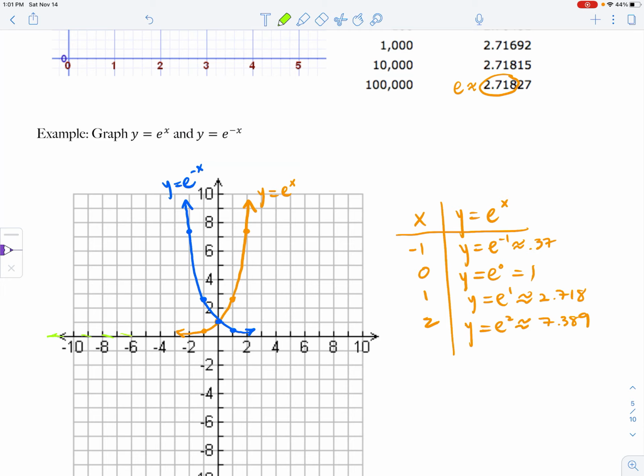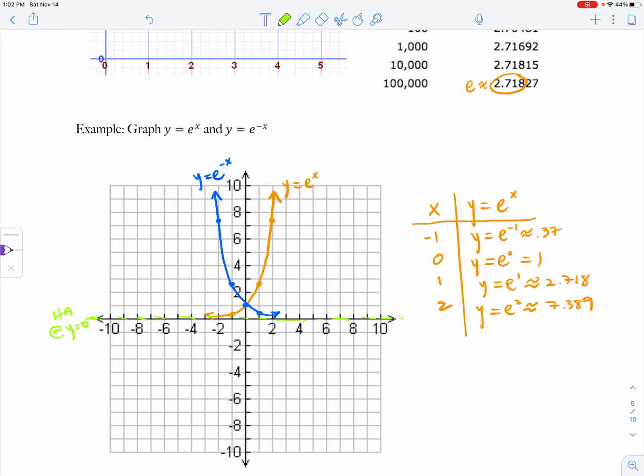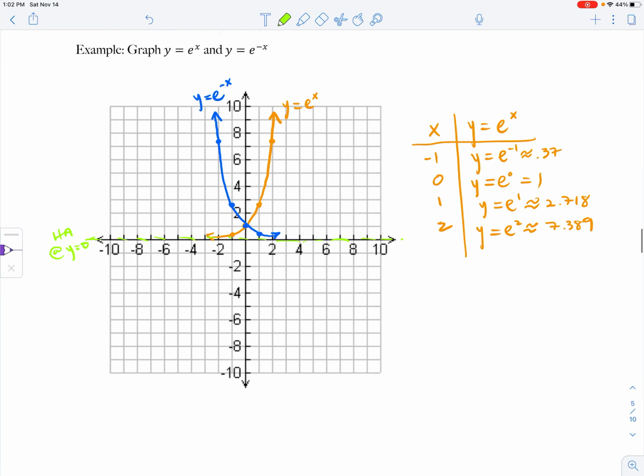And there is no vertical shift, so both of these graphs, again, think end behavior, will have a horizontal asymptote at y equals 0.